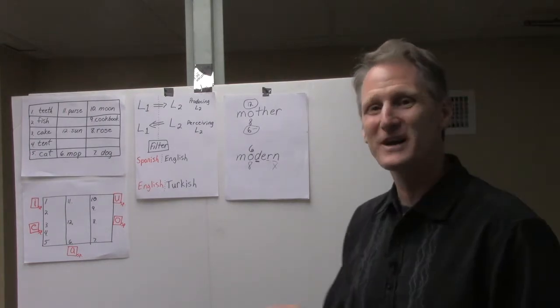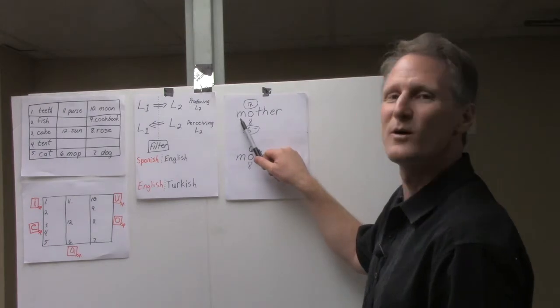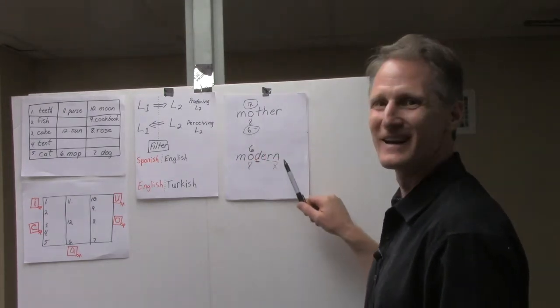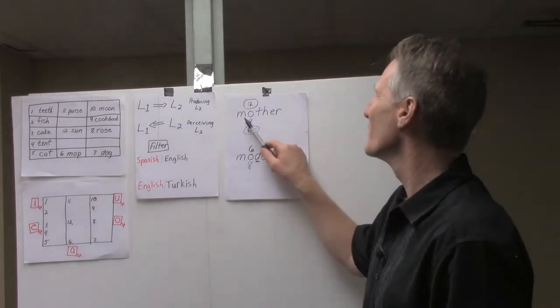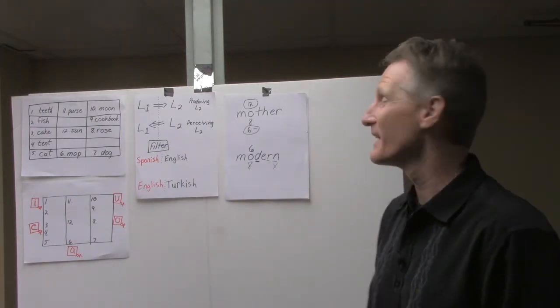So the situation which is developing is that this word mother and this word modern are very close. Maybe they switch to mater and then modern, and the problem is still there.